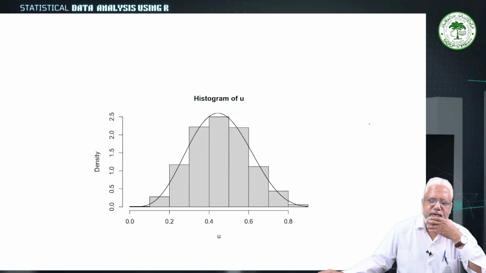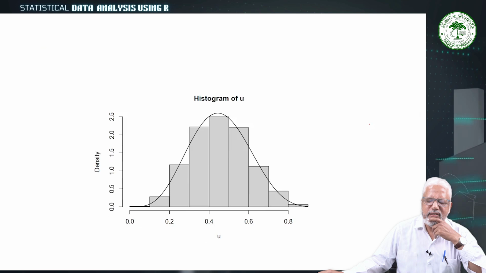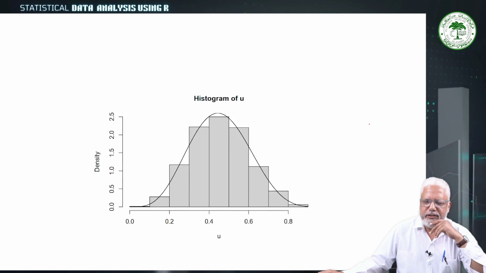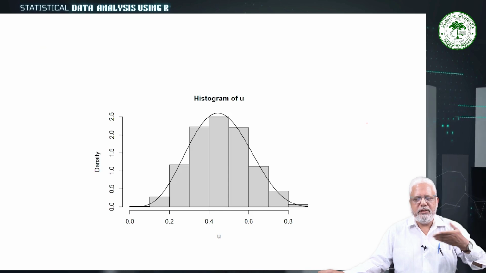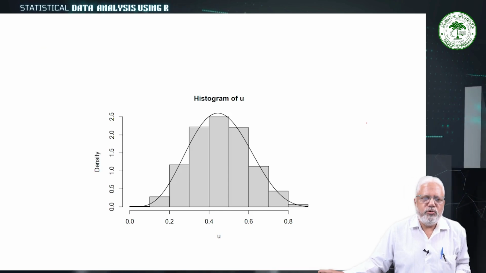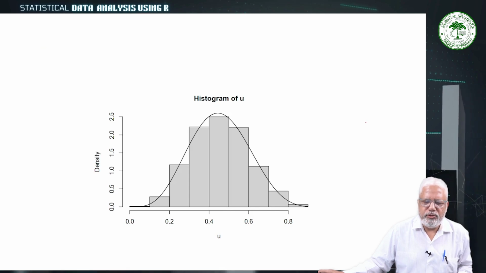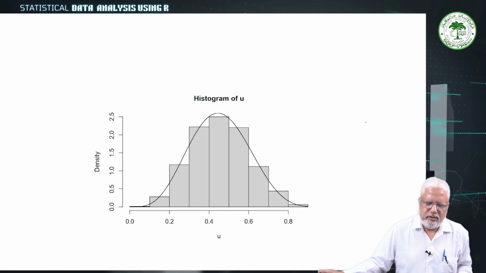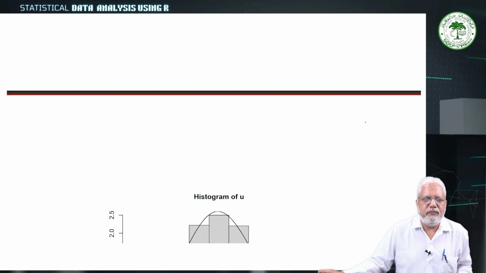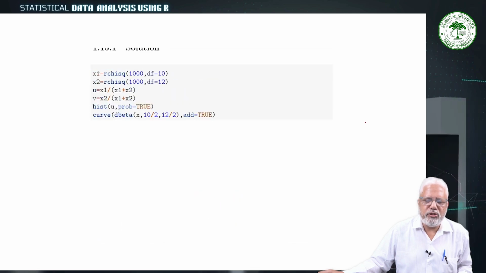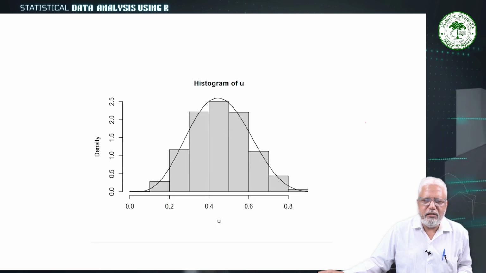It matches well. So that means the histogram and the exact probability curve are matching. That means our result, which we normally derive through analytic derivations, has been proved by the simulation using R. So that is an excellent part of R, that we are talking of sampling distribution throughout, but we are not making any analytical result.